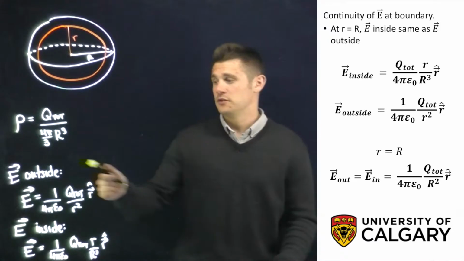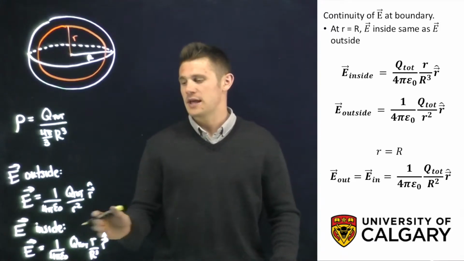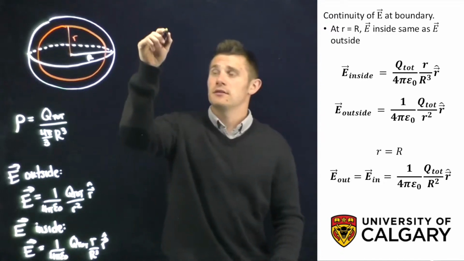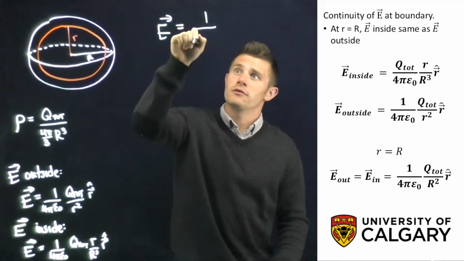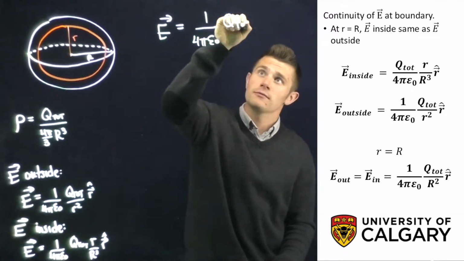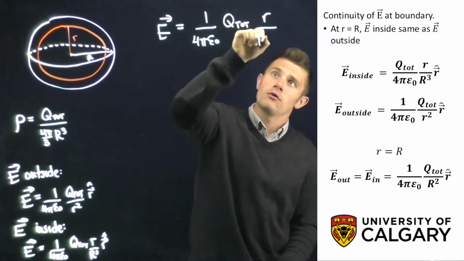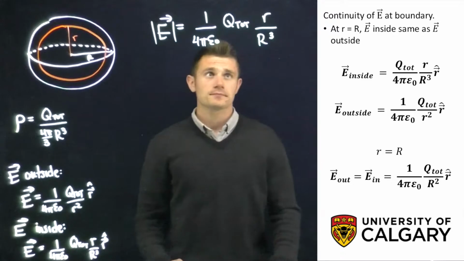Now that we found the electric field outside and inside of the sphere of charge, let's find out what happens at the boundary. For inside the sphere of charge, the electric field is 1 over 4 pi epsilon naught, the total charge, little r over capital R cubed. We'll just talk about the magnitude for now, because we know it's radial.